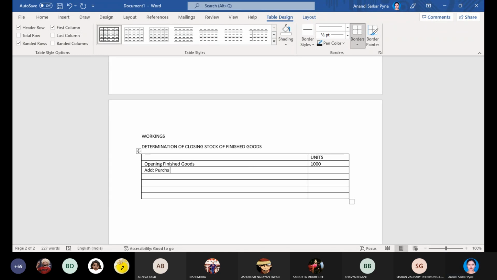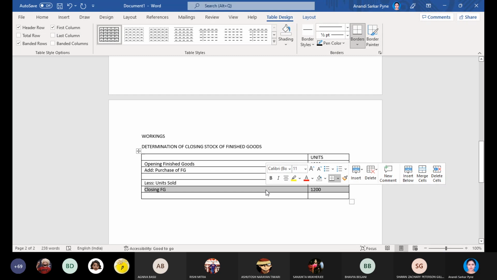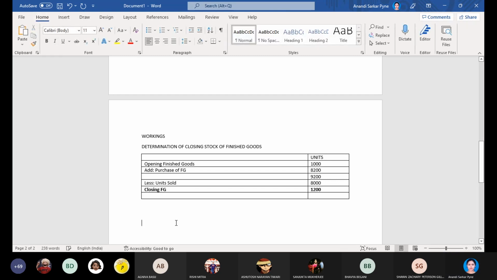Opening stock plus units produced gives finished goods 9,200. Then finished goods sold, leaving 1,200. Finished goods cost per unit equals cost of production divided by units produced.